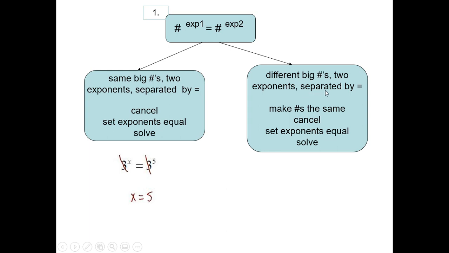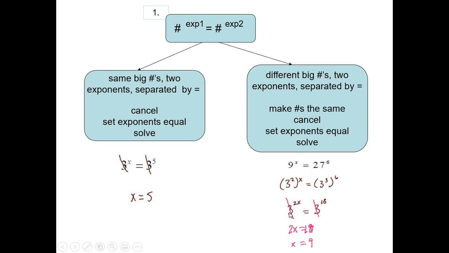But what if the numbers are different? If I have two exponents separated by an equal sign, we can factor these so that we can make the numbers equal to each other. Then we can cancel the numbers and set the exponents equal. So if I have something like 9 to the x is equal to 27 to the sixth, I can factor 9 into 3 squared. I can factor 27 into 3 cubed.